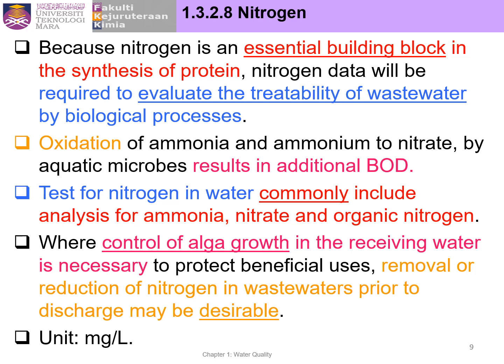The summation of these three analyses will give you the nitrogen data. Where control of algae growth in the receiving water is necessary, removal or reduction of nitrogen in wastewater prior to discharge may be desirable. The unit for nitrogen is milligram per liter.